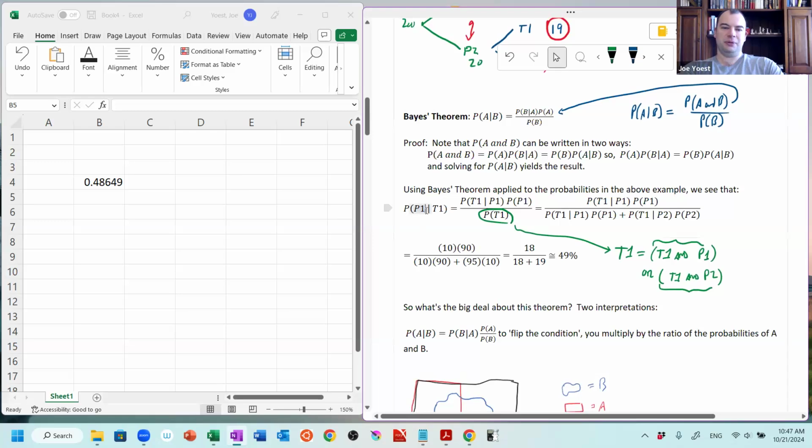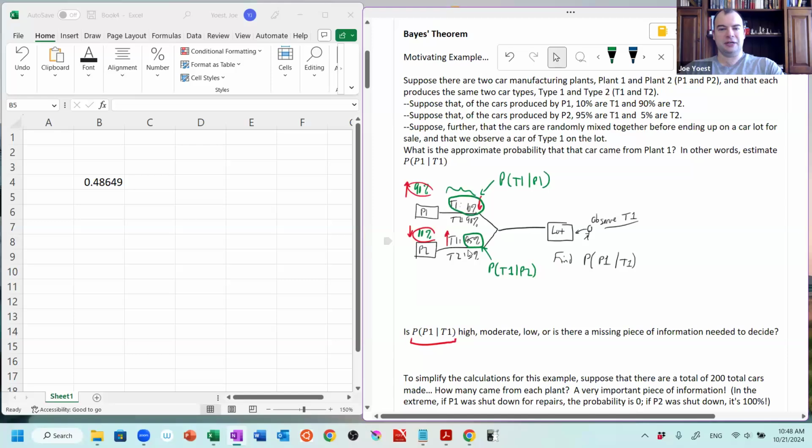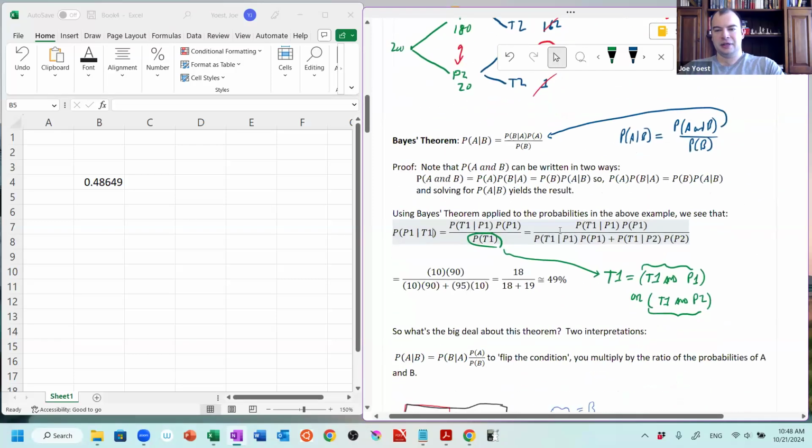So we see that probability of plant 1 given type 1 is not only a function of probability of type 1 given plant 1 and probability of type 1 given plant 2, right? Our initial gut feeling, just looking at 10% versus 95%, would be what we'd get if we had used Bayes' theorem but ignored the probability of plant 1 there, the probability of plant 1 there, and the probability of plant 2 there. But in reality, that underlying probability, the overall likelihood that a car comes from plant 1 versus plant 2, does come into play, right? Plant 1 might be a much bigger plant than plant 2.